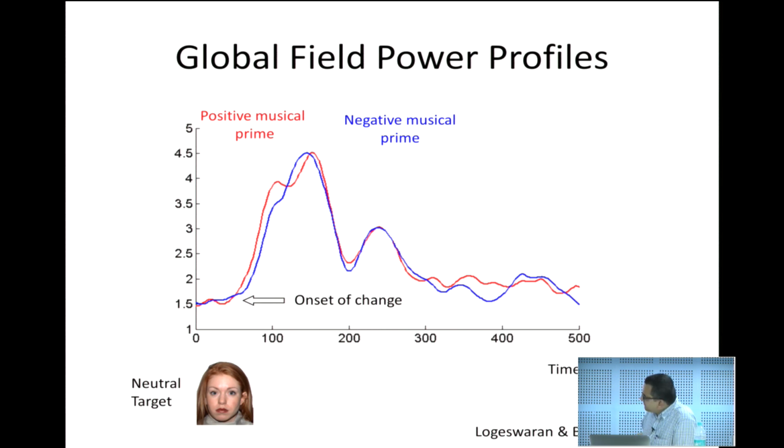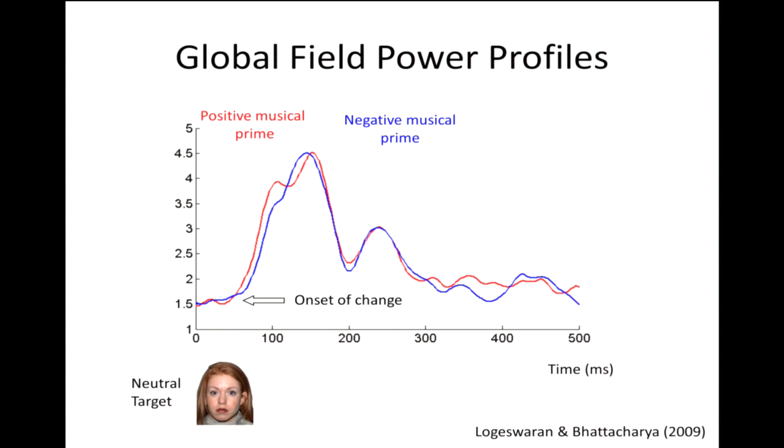You can see the global field power at the very beginning is very similar, but after almost 50 milliseconds, which is reasonably fast, the global field power starts showing differences between the two conditions. Now, you can go back to your EEG signal and check whether you see any strong differences there.